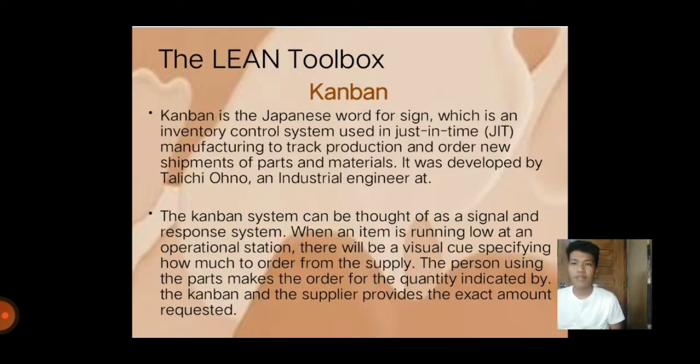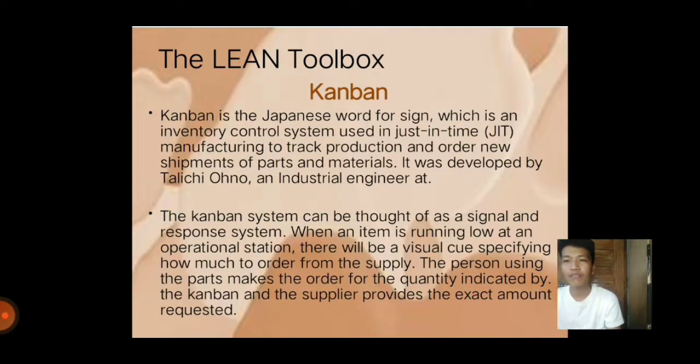The Kanban system can be thought of as a signal and response system. When an item is running low at an operation station, there will be a visual cue specifying how much to order from the supplier.